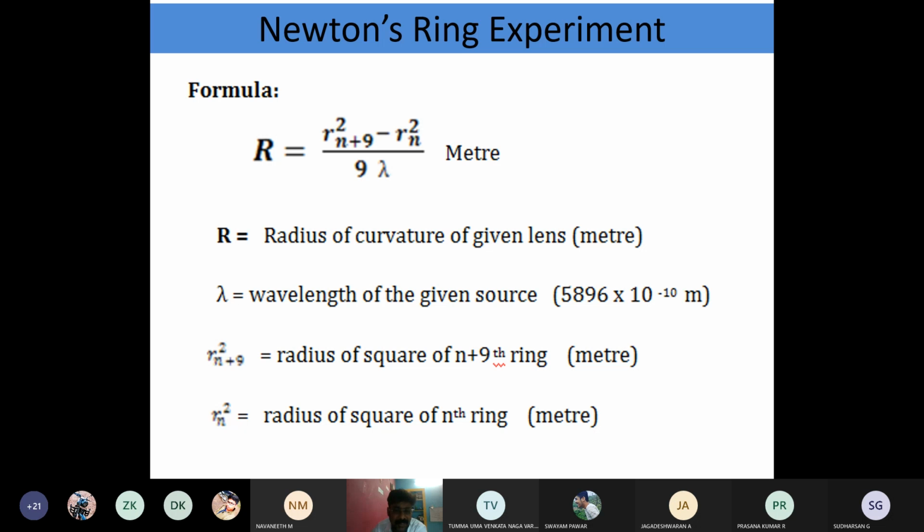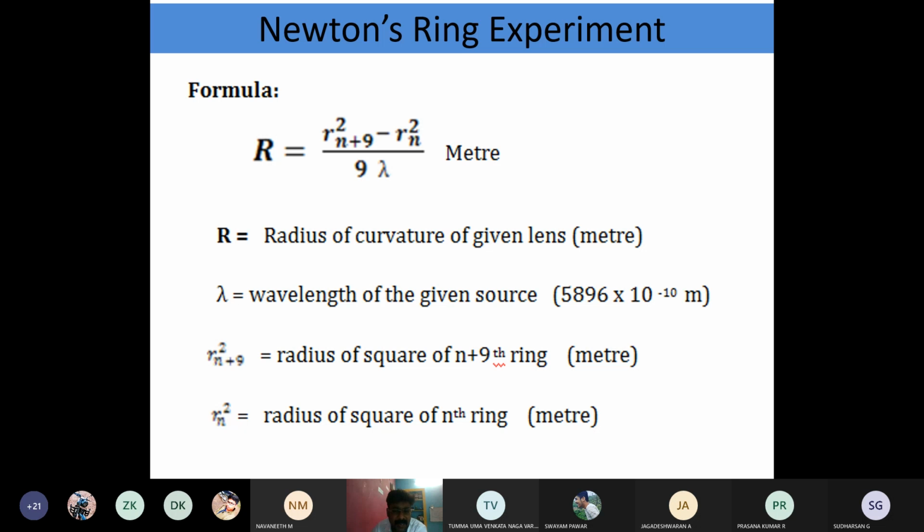Out of those 15 readings, we have to collect the difference between the order n and n plus 9. This we are going to measure from the obtained interference pattern. Here I have given n plus 9 in the formula.